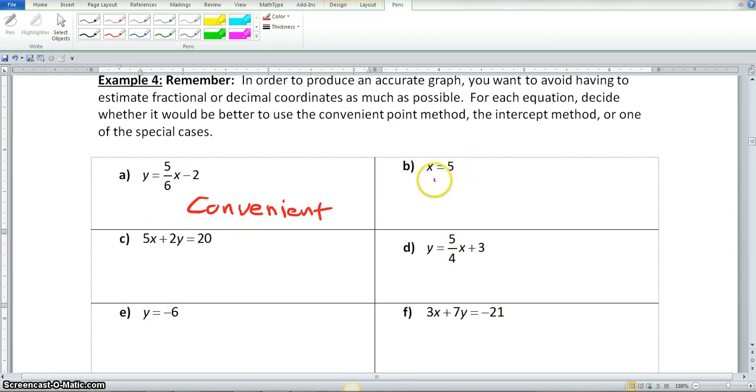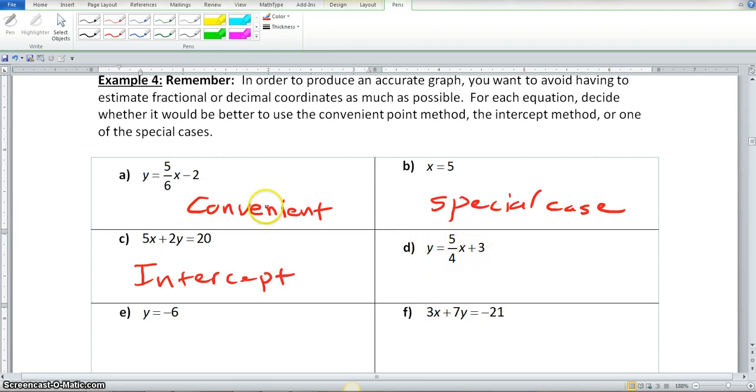Now we have x equals 5. We know that that is a special case. Now we have 5x plus 2y equals 20. This would be the intercept method. Okay, y equals 5/4 of x. Again, this is a fraction with our variable. We will use the convenient method.